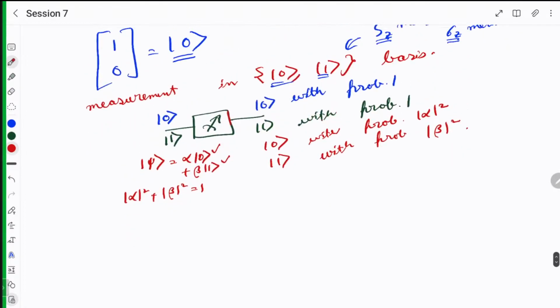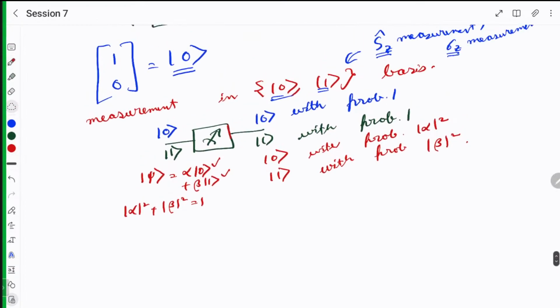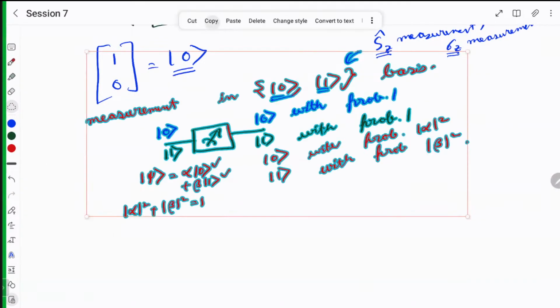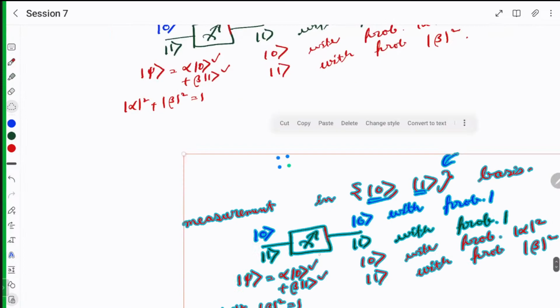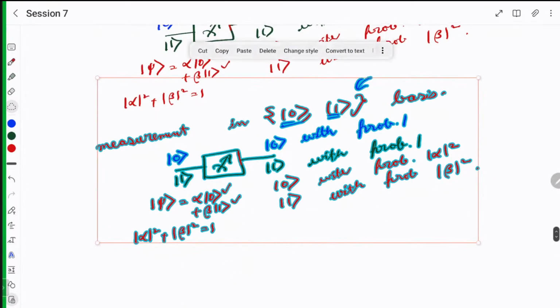Now, what will the measurement in, say, the plus-minus basis mean?